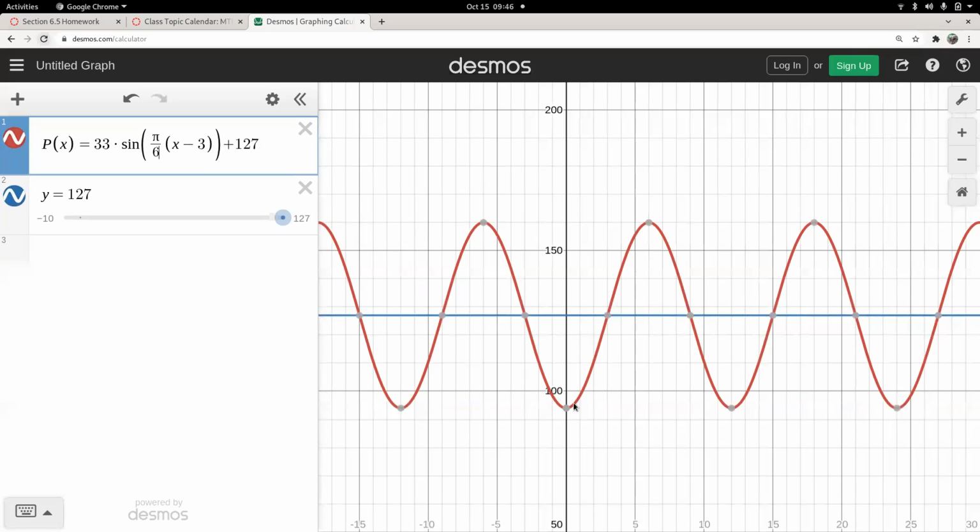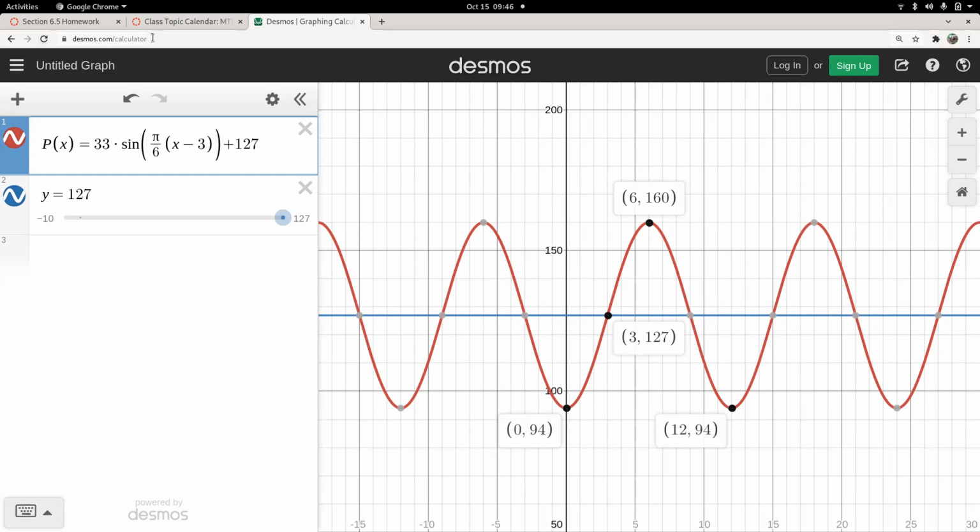Oh, whew, that's better. Okay, so there's my 94. And then 3 months later, I should hit the midline of 127. And a total of 6 months later, I should hit the max of 160. And then after a year goes by, 12 months, I should be back at 94. Cool. I have a wave function that matches the information given.